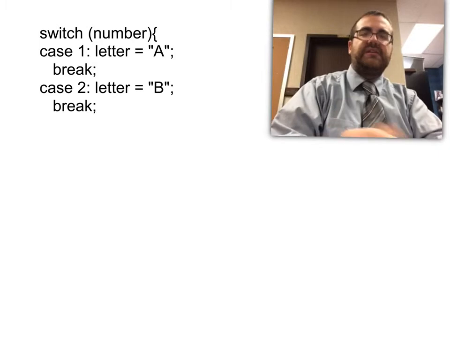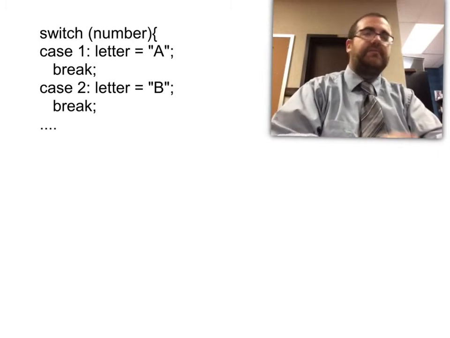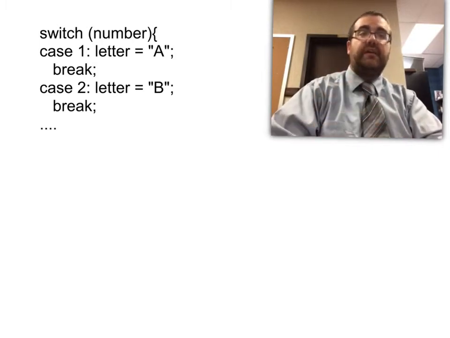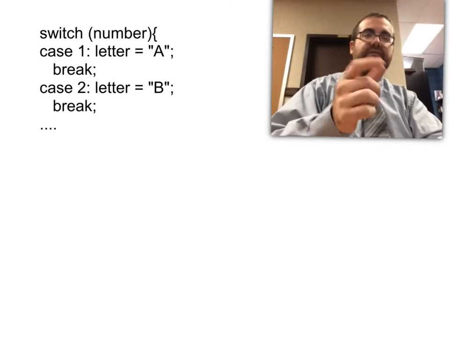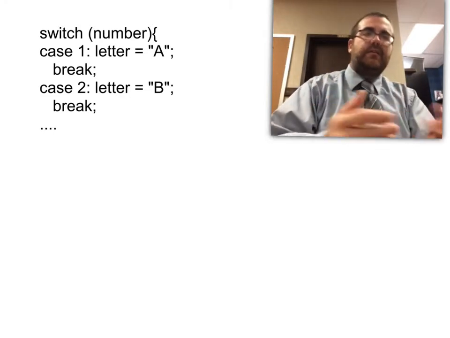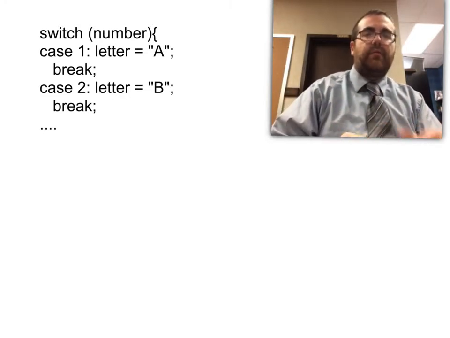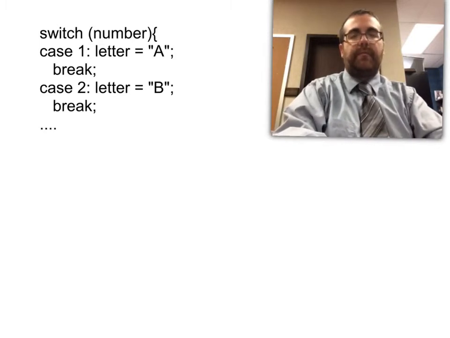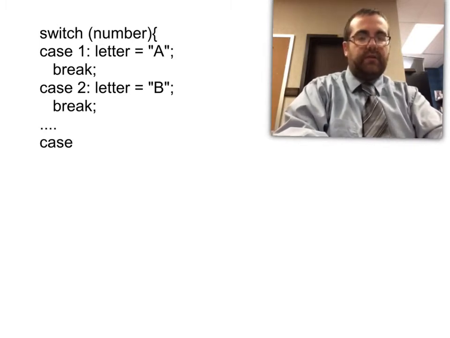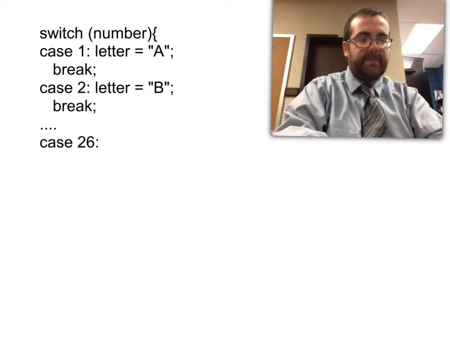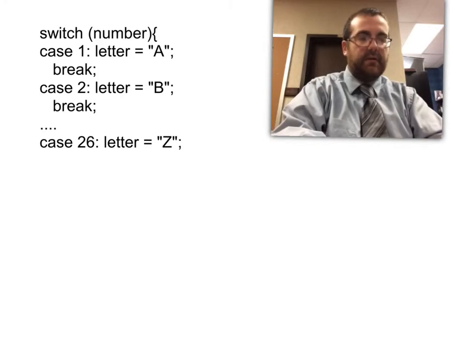We would continue this pattern all the way down. Ellipsis just means a continuation, which you will see a lot in the AP test, where there's ellipses inside code saying there's stuff here, but it's not really important to what you need to solve for the problem. All the way down, then we'll do case 26, letter equals Z. Practice good spacing there, and then we'll break.